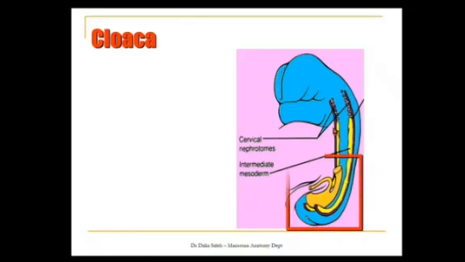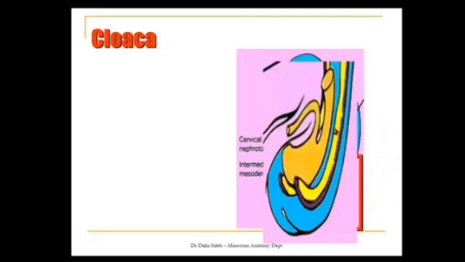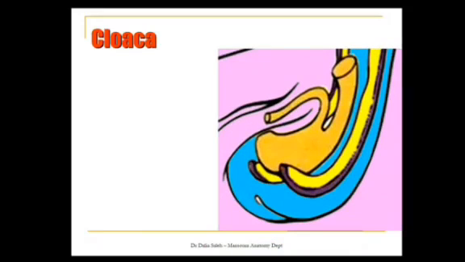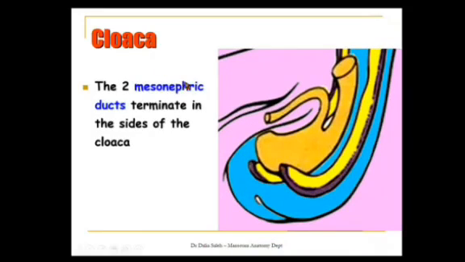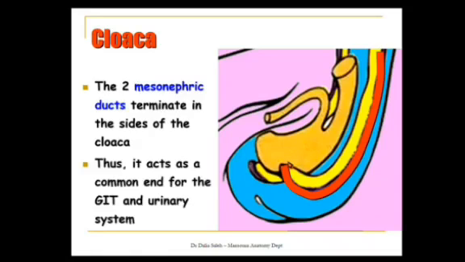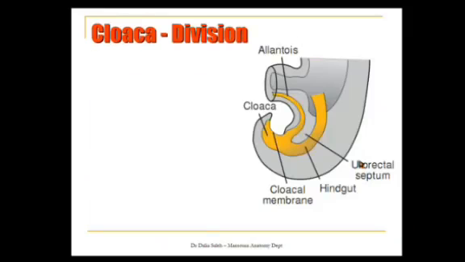If we enlarge this area, we can see the cloaca here, and the two mesonephric ducts, this one on the left side, the other one on the right side, will end at the sides of the cloaca. Also, we can see the termination of the hind gut at the cloaca. Thus, the cloaca acts as a common end for both the GIT and the urinary system.